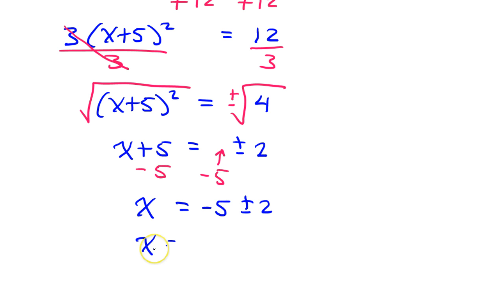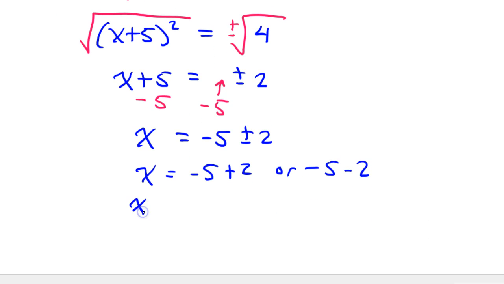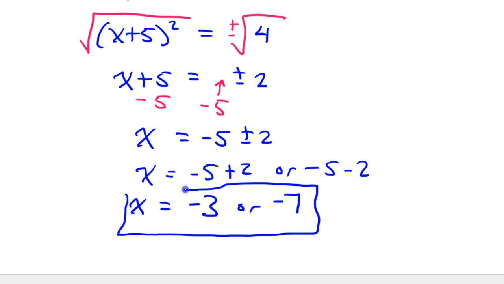But that means x is equal to negative 5 plus 2 or negative 5 minus 2. Negative 5 plus 2 is negative 3, but negative 5 minus 2 is negative 7. So x is equal to negative 3 or negative 7.